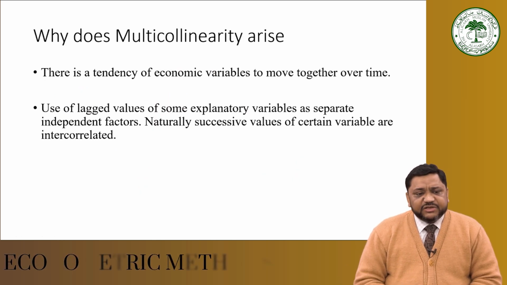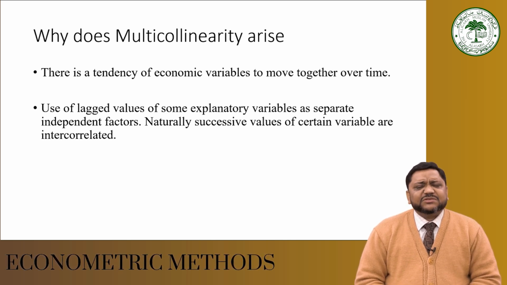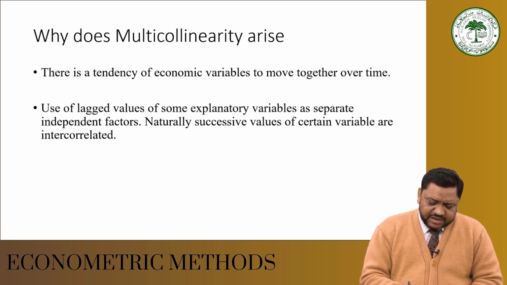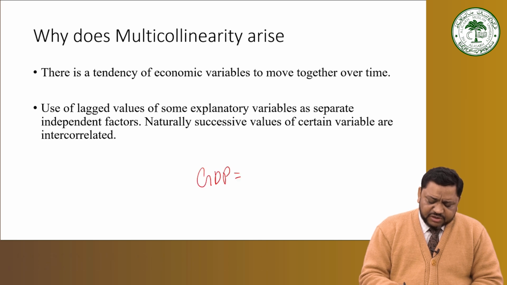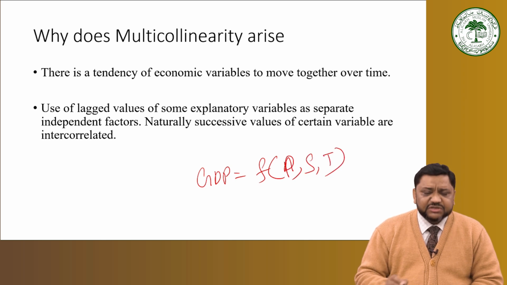Why does it arise? Why is there a problem of multicollinearity? See, the reason is there is a tendency of economic variables to move together. Say you take an example, GDP, and assume it to be a function of the primary sector, secondary sector, and tertiary sector.